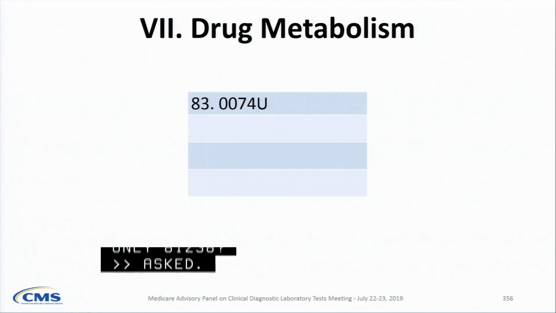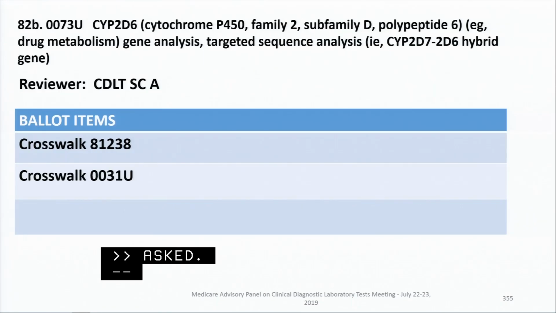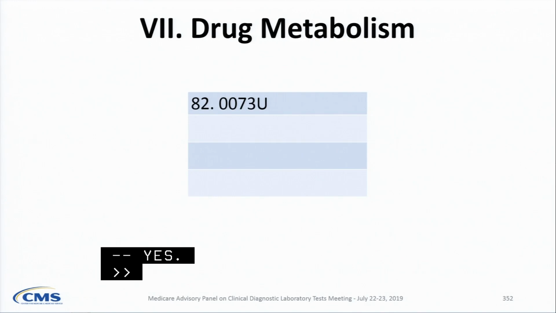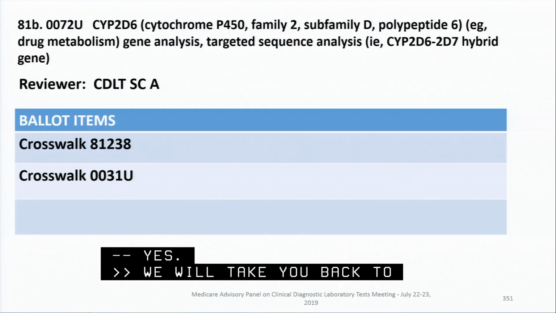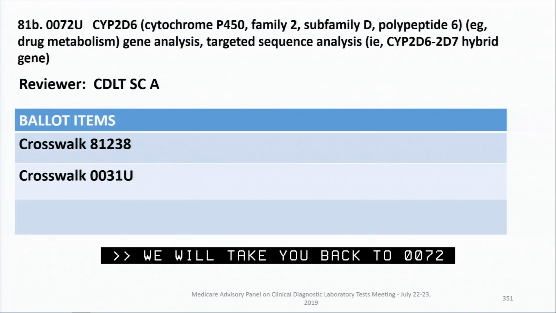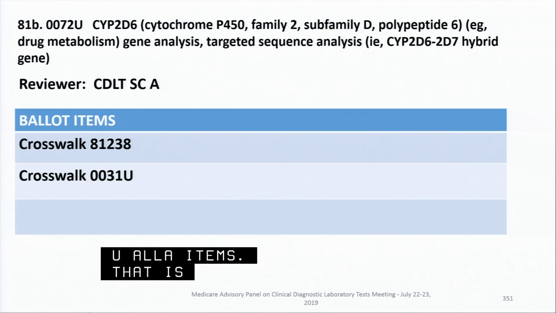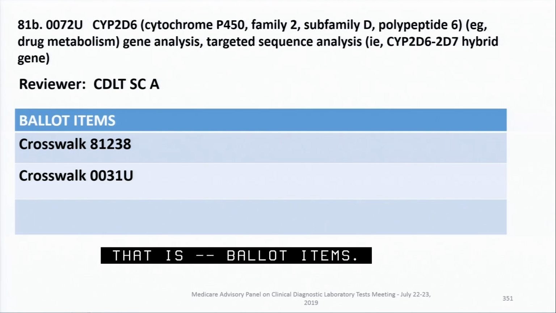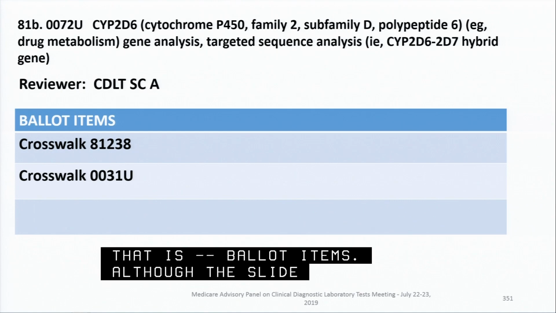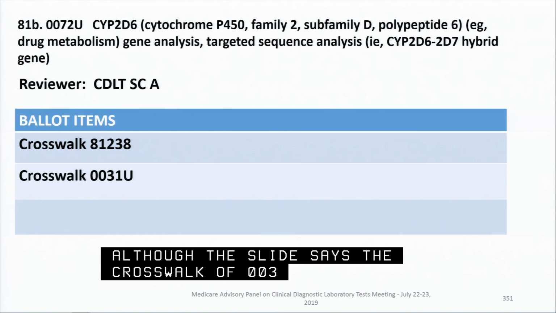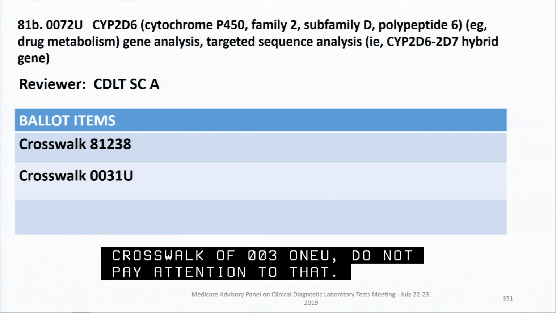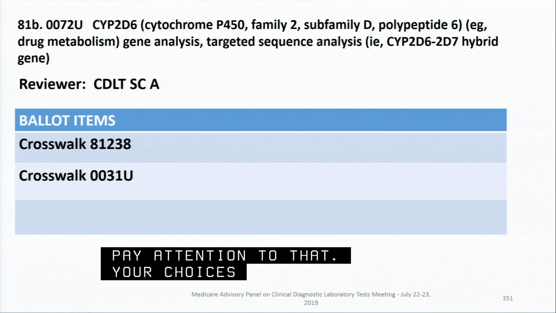And so we're going to take you back to 0072U ballot items. That's item 81, code 0072U. Although the slide deck says the crosswalk of 0031U, do not pay attention to that. So please vote. Your choices are 81238 or gap fill, and this is for code 0072U.